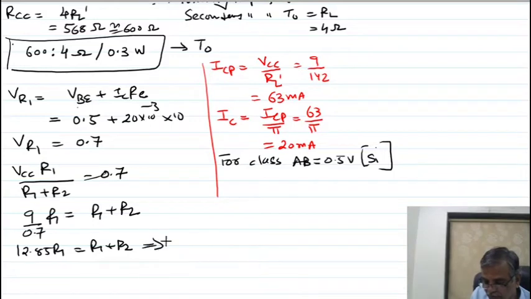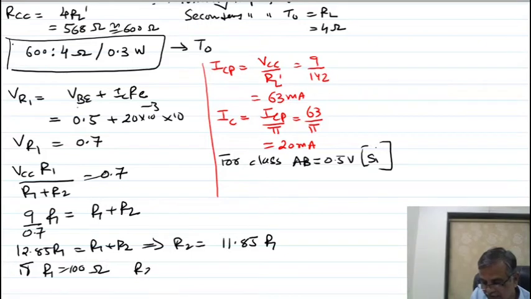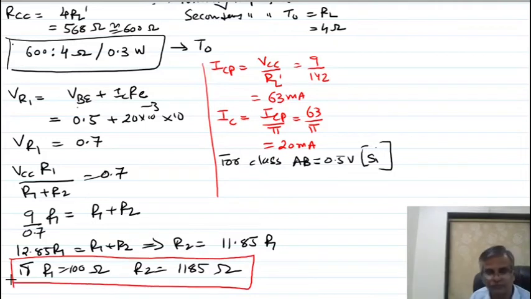From this you can write R2 is equal to 11.85 R1. If R1 is equal to 100 ohm, then R2 is equal to 1185 ohm. In this way you can select R1 and R2.